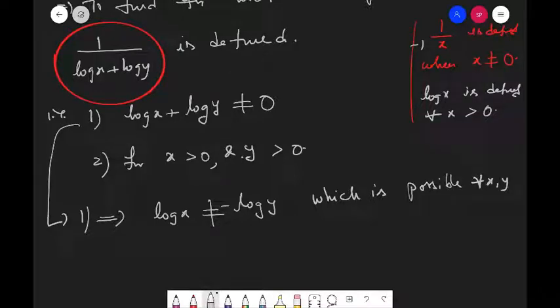For any x comma y, you will not have log x equal to minus log y. It will never happen. So log x is not equal to minus log y, which is possible for all x comma y. So this is, therefore log x plus log y is not equal to 0 for all x comma y in R, I can say.